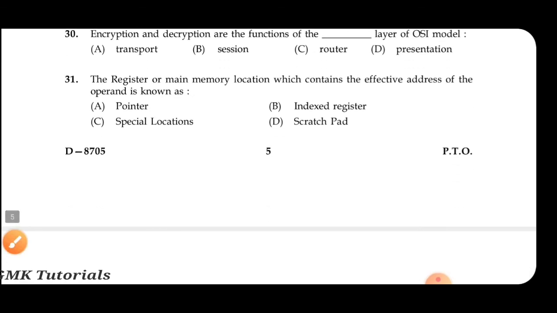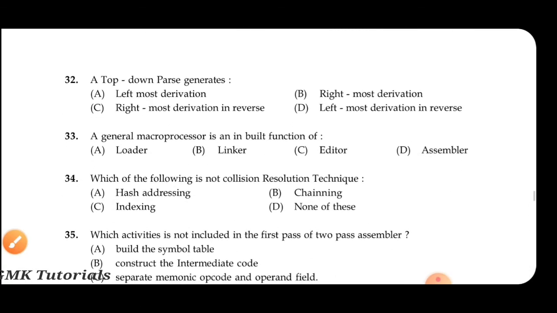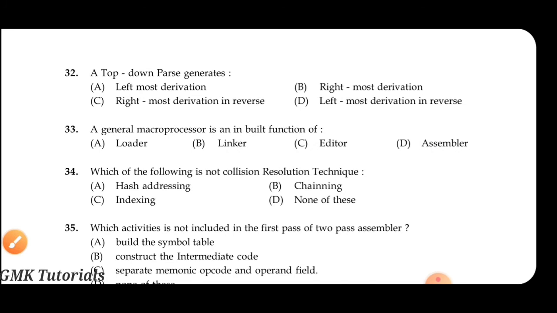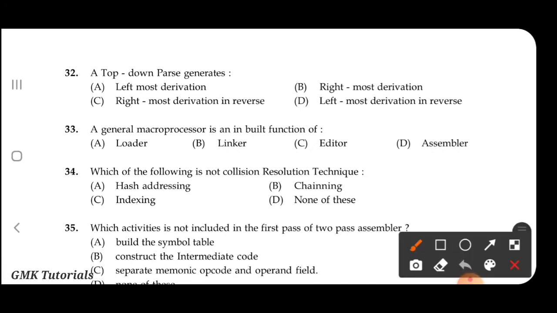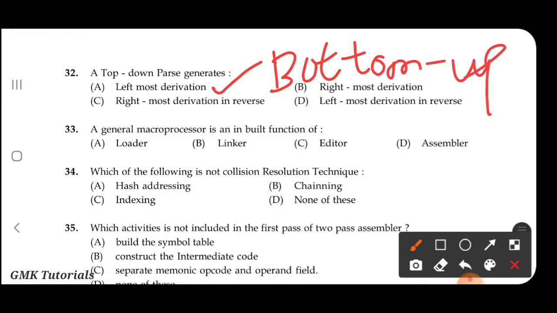31st question. The register or main memory location which contains the effective address of the operand is known as the pointer. 32. A top-down pass generates leftmost derivation. The bottom up pass generates rightmost derivation.